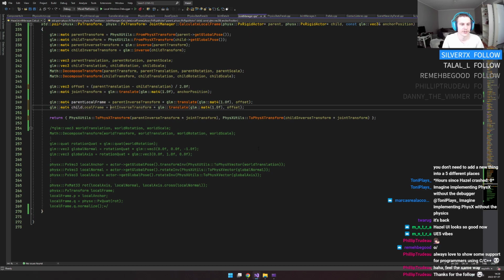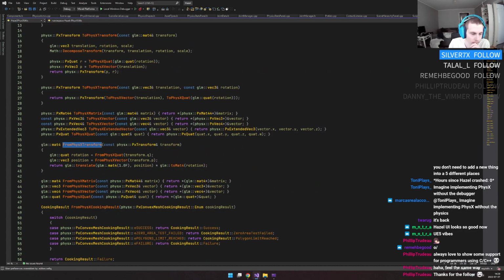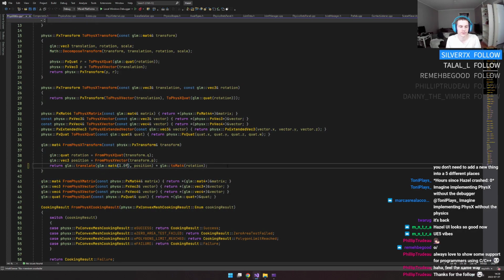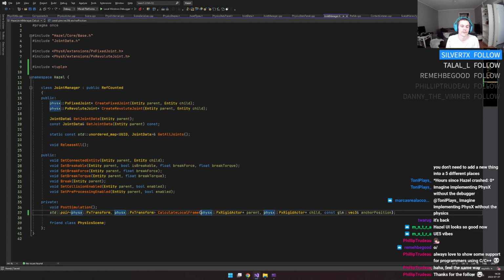I mean, I think one of the issues is the fact that the global pose doesn't know anything about scale, right? Which means we end up with the wrong scaling. So arguably, these should in fact take in a transform component.